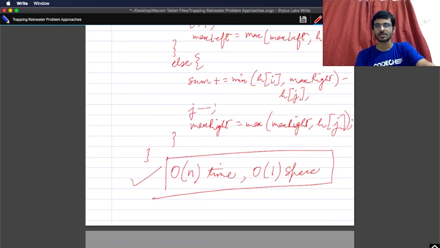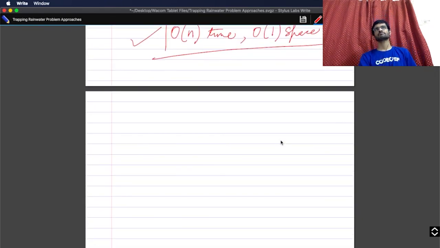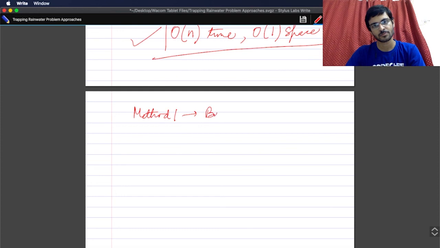Before I finish, let us summarize what we have done. This is one of the most critical questions which have been asked across product-based companies' interviews, across FAANG interviews. And it will be nice if you are aware of all the approaches. Method 1 was our brute force, and we have done it using order n squared time and order 1 space.